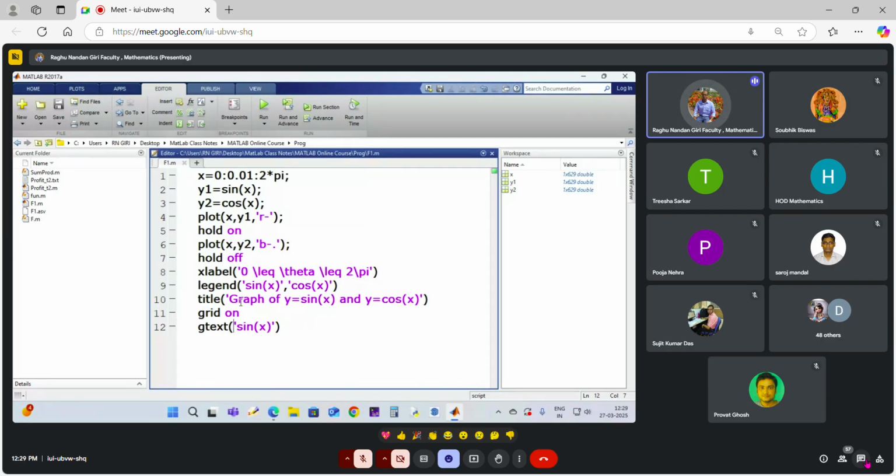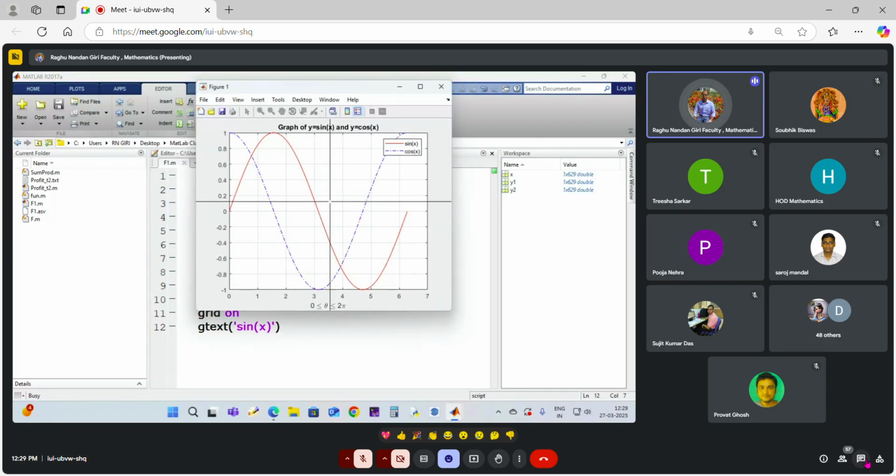Then if you run this program, you see two perpendicular lines crossing. When I move the mouse, that is moved.